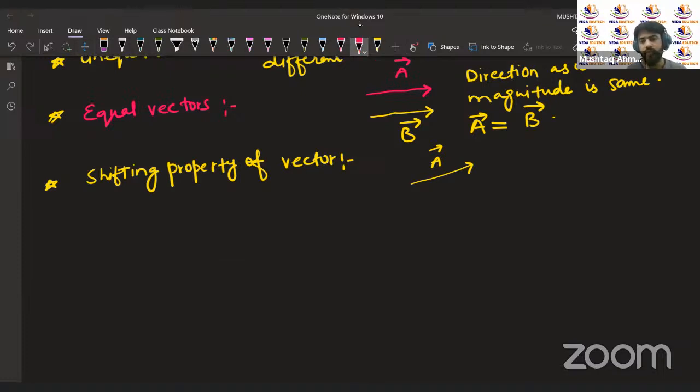If I shift this vector parallel to itself, I am not changing the magnitude of this vector, meaning I will not change the length of this vector. I will just shift this vector parallel to itself anywhere in this space, like this. Or I can shift it here also, like this. Or I can shift it here, like this. I can also shift it here like this.